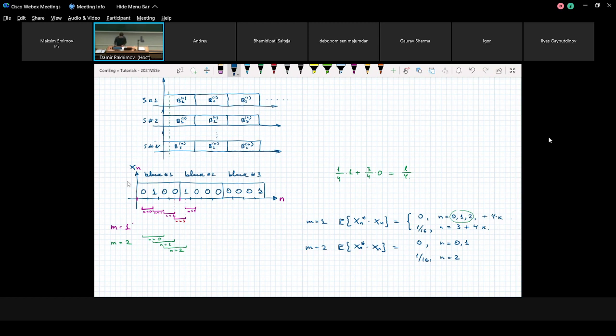Let's check if we have more options, and then we are going to consider the next case. So we start with the last sample from the first block and the second sample from the second block, that is n equals 3. We get exactly the same result, that you have two independent samples. And the probability will again be 1/16. So we say that the autocorrelation is 1/16 not only for n equals 2, but also for n equals 3.